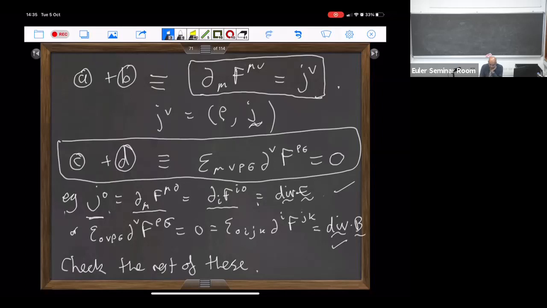Epsilon mu nu rho sigma is the 4-dimensional version of the epsilon ijk.